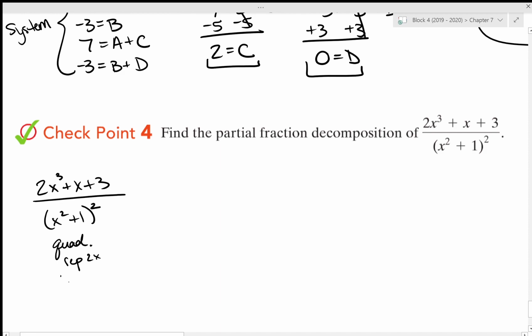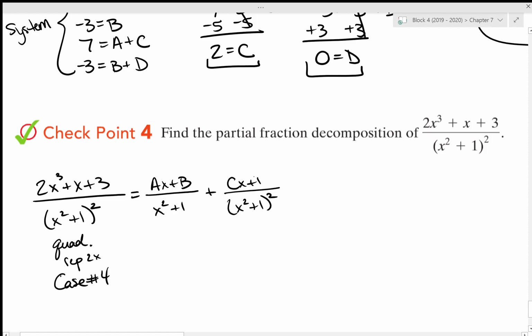So this is case number 4. What I'm going to do is write each factor in its own parenthesis, in its own fraction, and I do x squared plus 1 squared. Now since they're both quadratic denominators, I'm going to write it as ax plus b, and then cx plus d.